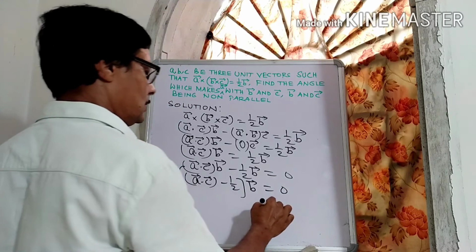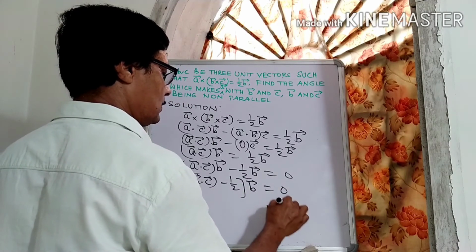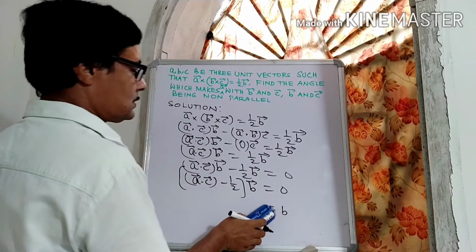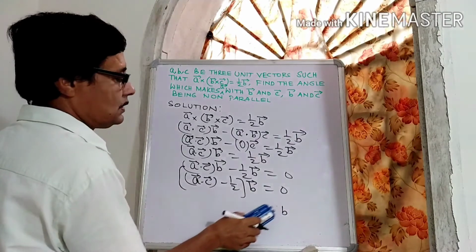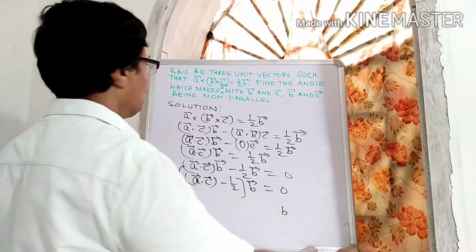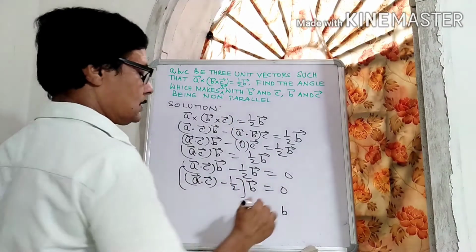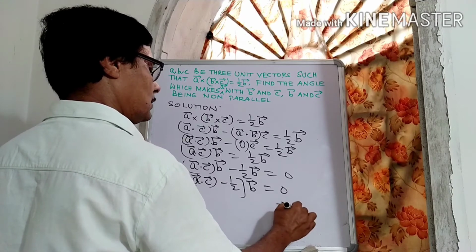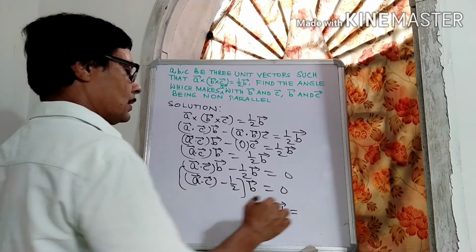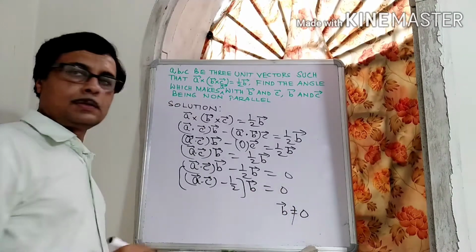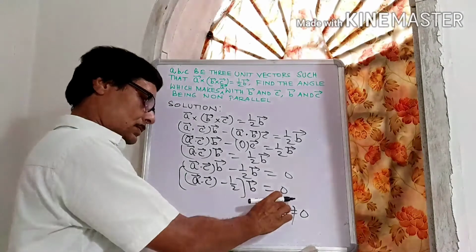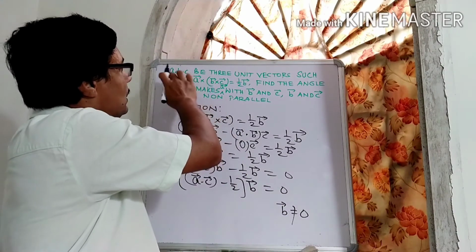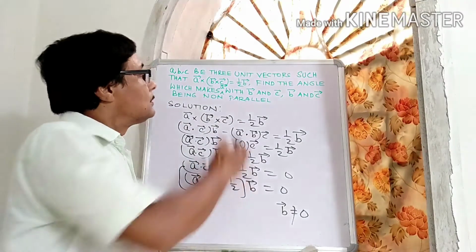Now B is a non-zero vector because A, B, C are given as unit vectors.